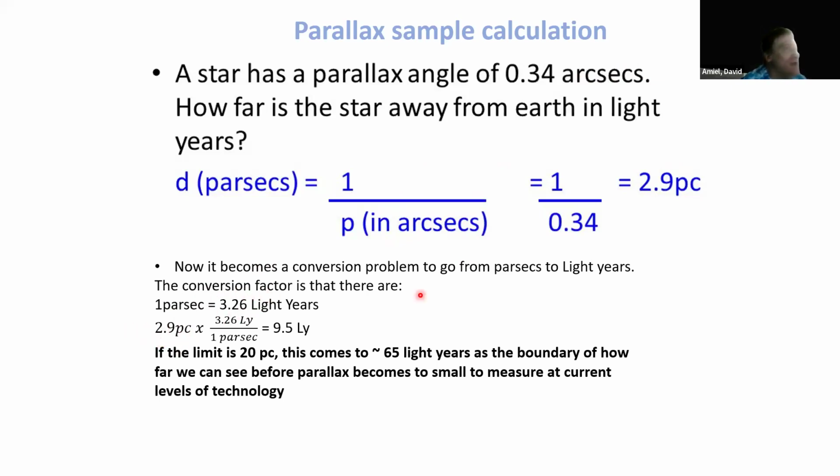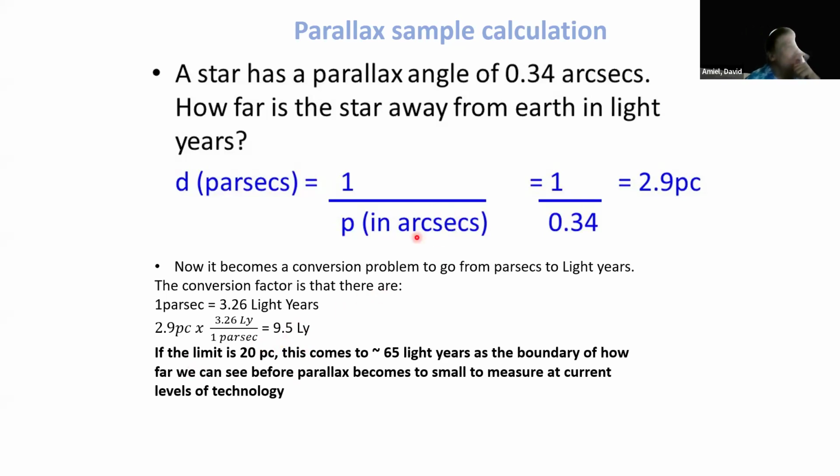So if you take 2.9 parsecs and multiply by 3.26 light years in every parsec, you come up with that star is 9.5 light years away. And again, you could quickly convert that to miles by multiplying by 10 trillion. So 10 trillion times 9.5 is about 100 trillion miles in actuality, if you want to put it in miles.